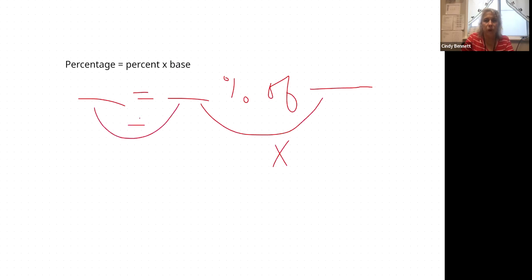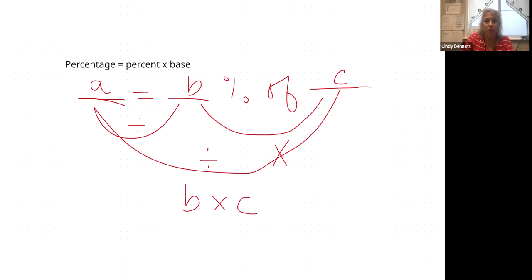If you have these two items, you are also going to divide. And this piece right here, A, is always going to be in the numerator if you divide. So you're going to do B times C, or A divided by B, or A divided by C.